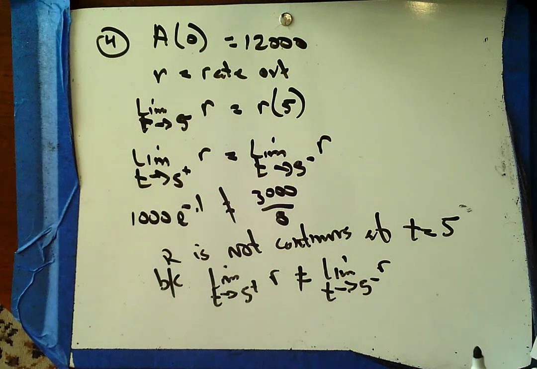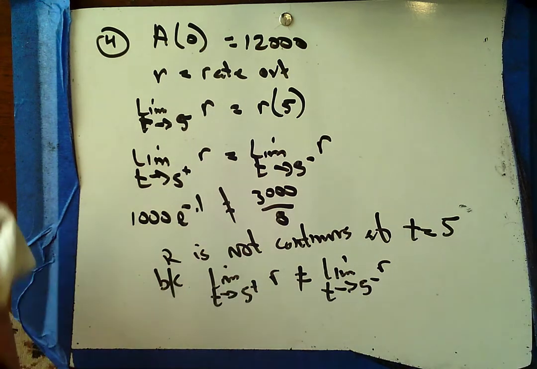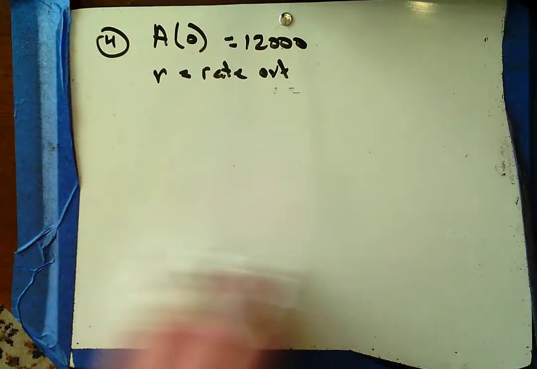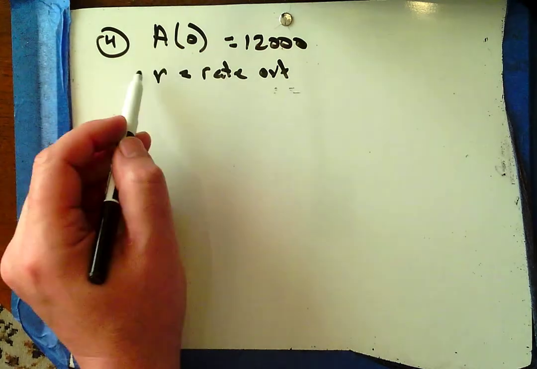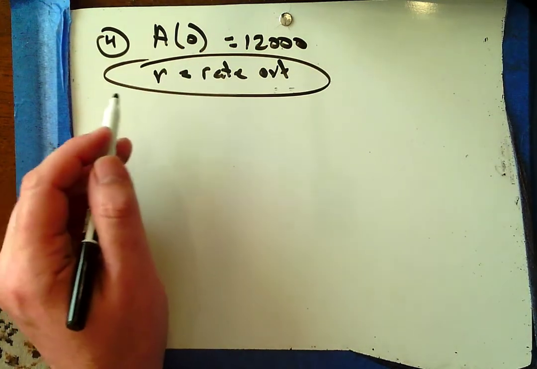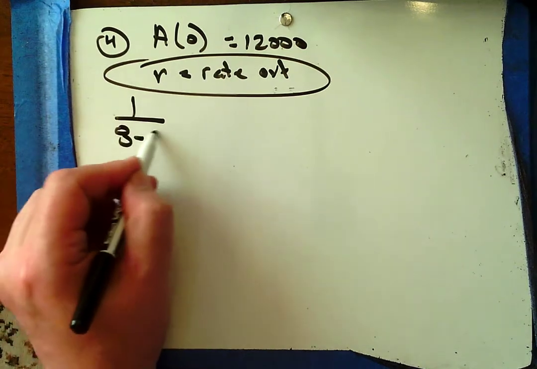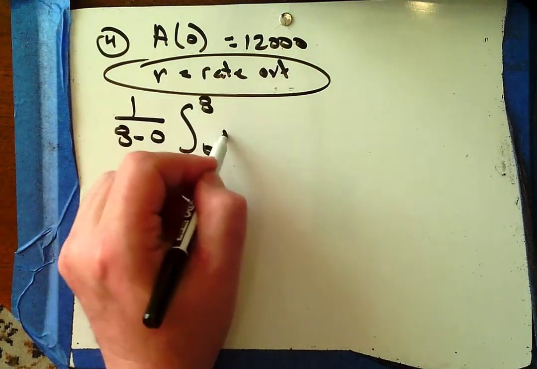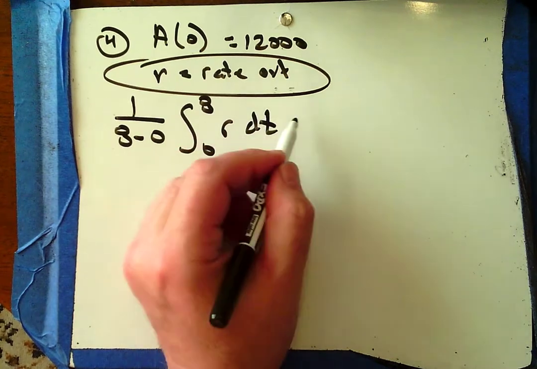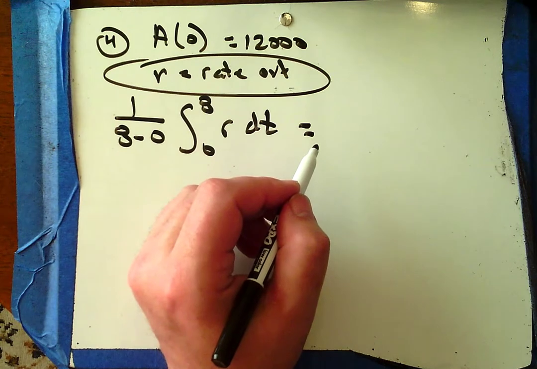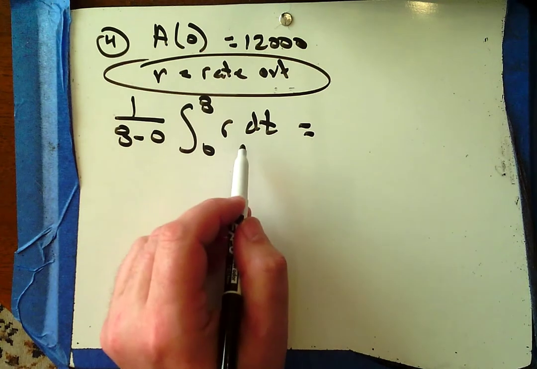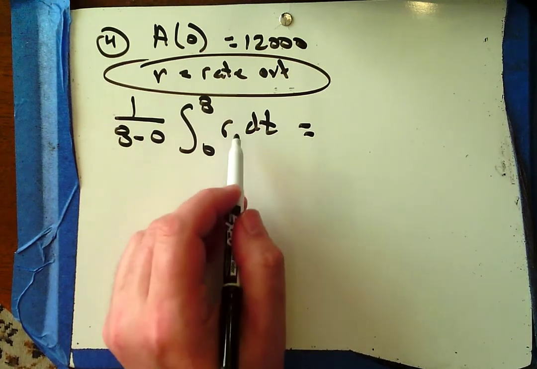What about part B? Find the average rate at which water is draining from the tank from 0 to 8. Okay, so the average rate. So if this is my rate function and I want the average rate, I want the average value of rate, 1 over 8 times the integral from 0 to 8 of R dt. I want to do this on the calculator, except that I've got two different rate functions.